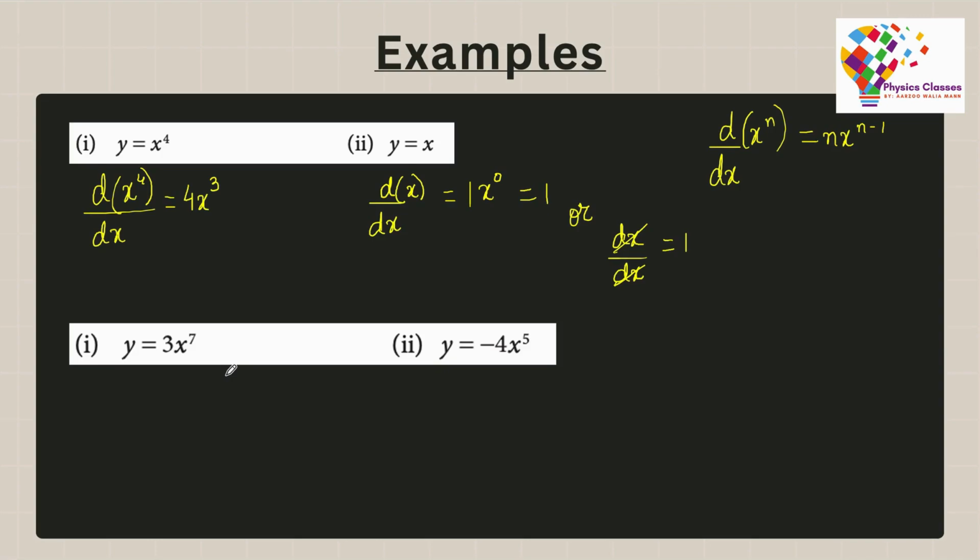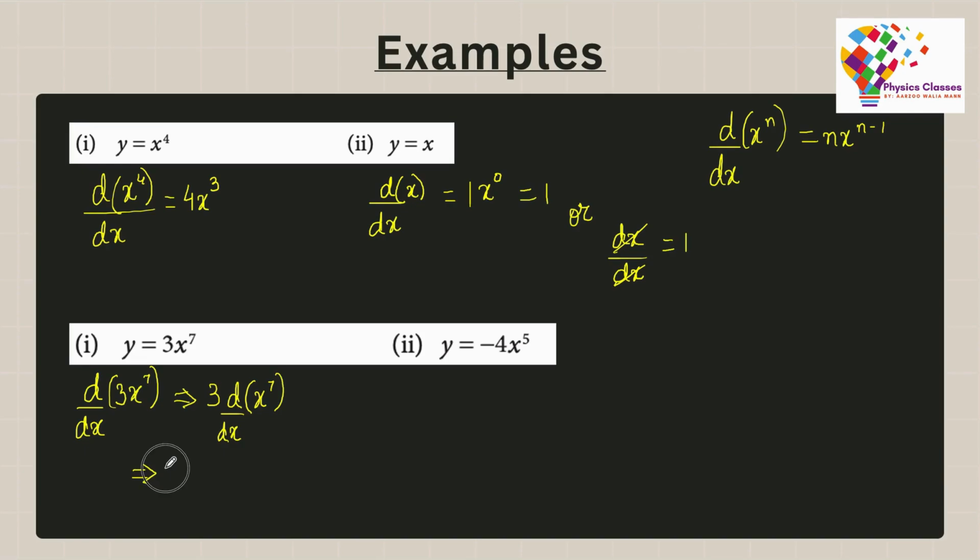We have y equal to 3x to the power 7. Now, 3 being a constant, the differentiation of a constant is of course 0, but it's not alone. It's in multiplication with x to the power 7. Therefore, whenever you have a constant that is getting multiplied by x or any other variable, you take it out of your differentiation. So when I want to differentiate 3x to the power 7, I take 3 out of my differentiation.